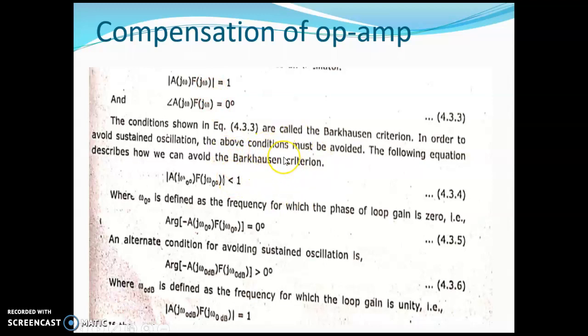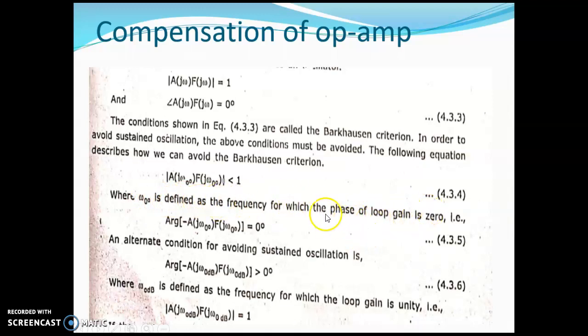By this you can say that it is satisfying the Barkhausen criterion. You can see the frequency, and here for sustained oscillation you can see the graph, where omega d is defined as the frequency for which the loop gain is unity. You can see where the loop gain is equal to 1. You can see the two conditions here. When the magnitude of gain is less than 1, omega naught is defined as the frequency for which the phase of the loop gain is 0.